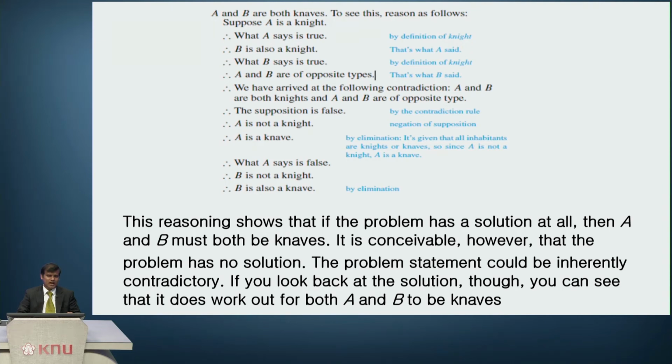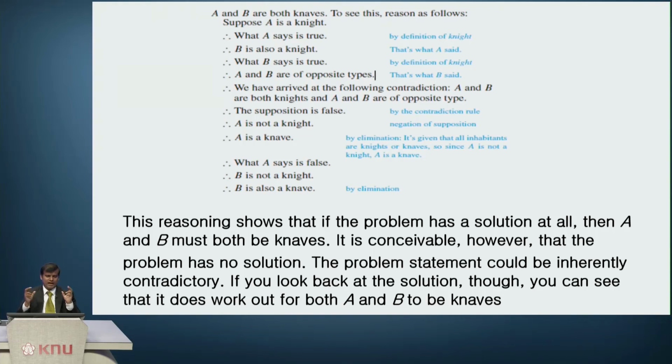B says A and B are of opposite type. Right now you have arrived at some kind of contradiction. A and B are both knights and A and B are of opposite type. Yes, this is a contradiction. Therefore, the initial supposition is false.